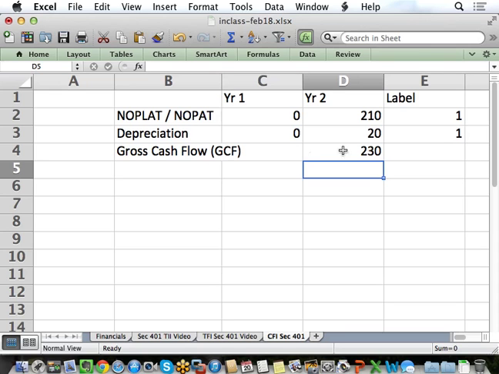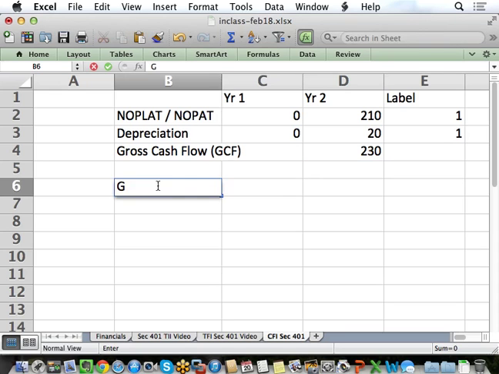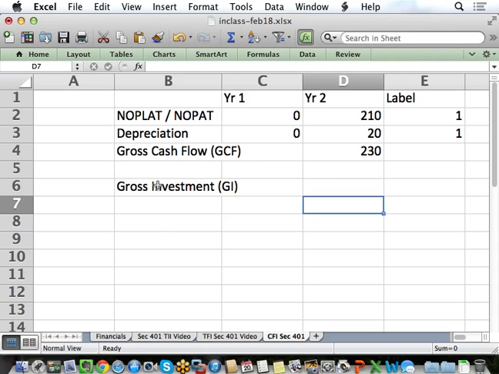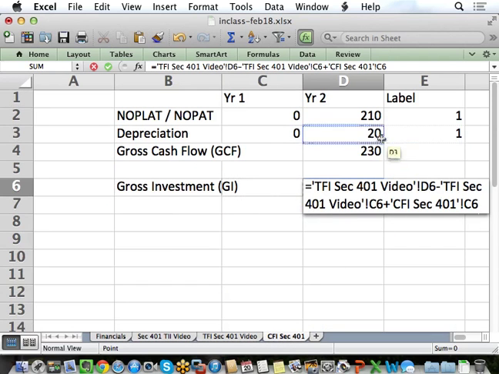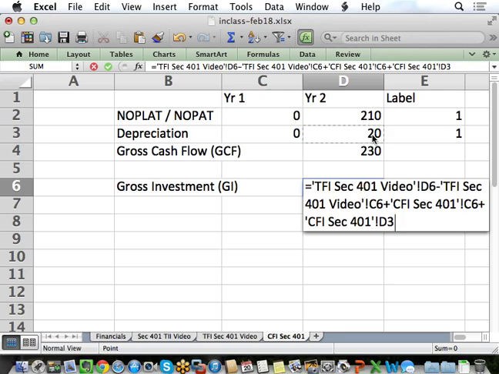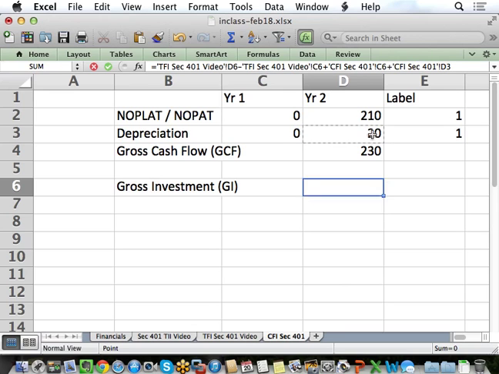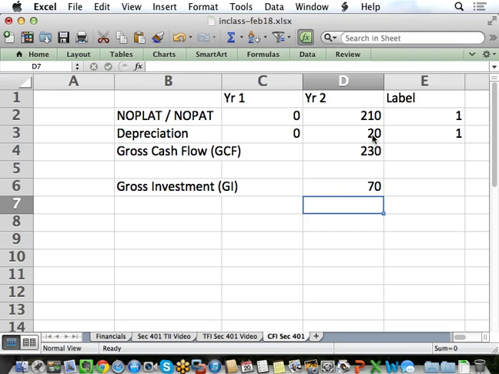So, gross investment, also known as GI. I'm going to give you a shortcut for it. The shortcut for gross investment is, from TFI, the current year invested capital minus the previous year invested capital. Right? So it's the increase in our invested capital plus the current year's depreciation. That shortcut will always work. So in this case, 70.